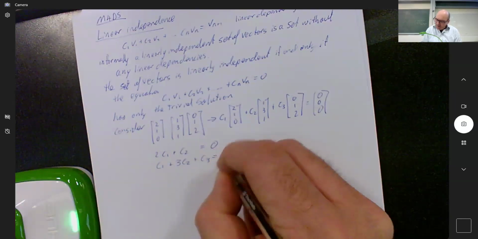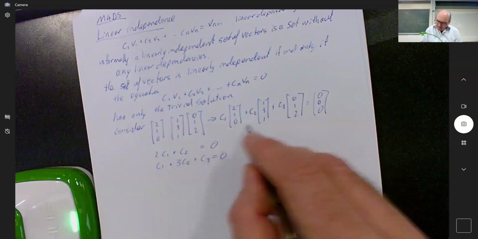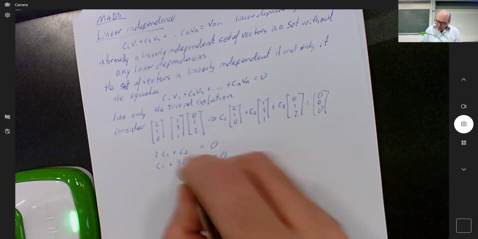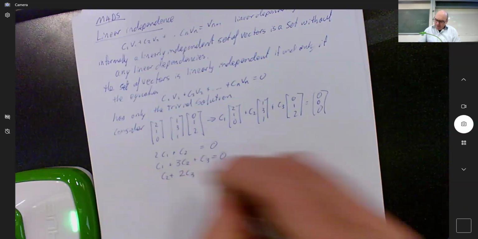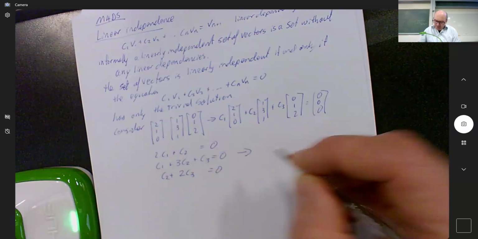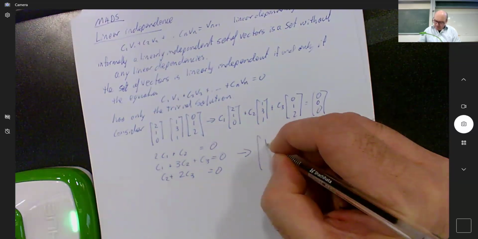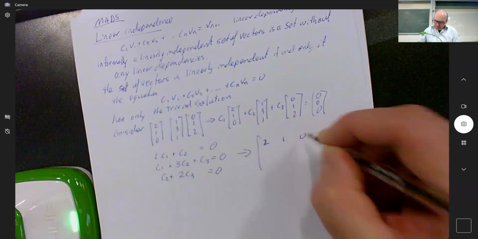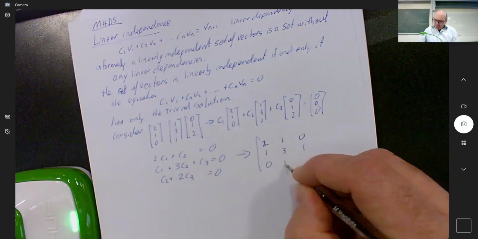And the last one, 0C1 plus C2 plus 2C3 is equal to 0. So when I write this out as an equation, that should be a 2, a 1, a 0, a 1, a 3, a 1, a 0, a 1, and a 2.